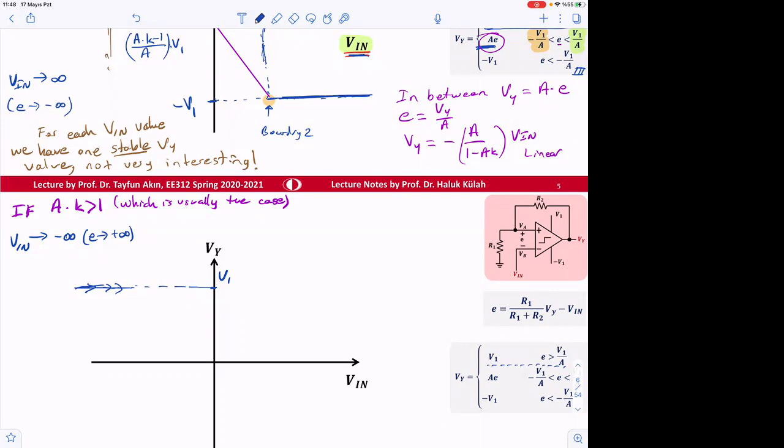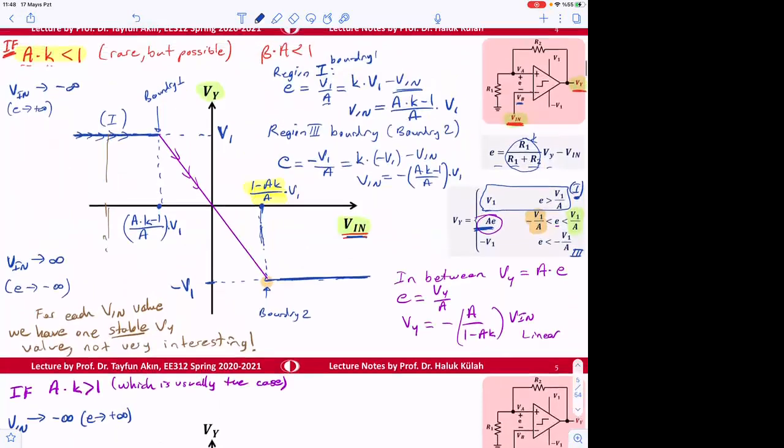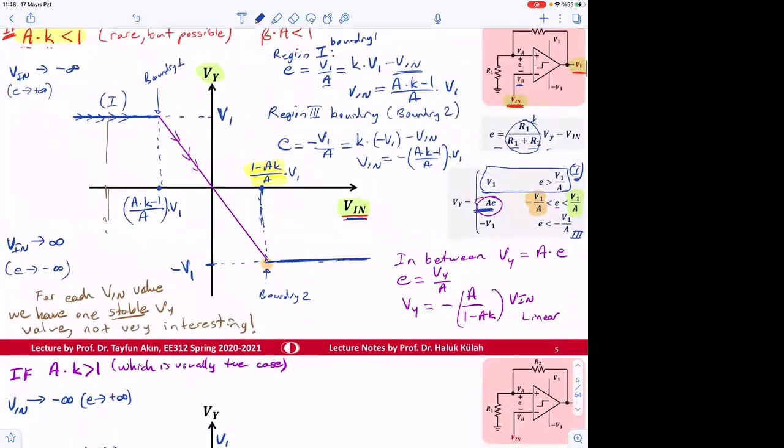But this time, since AK is larger than 1, the value that we found here, boundary 1 is the same, which is V in equal to AK minus 1 divided by A times V1.